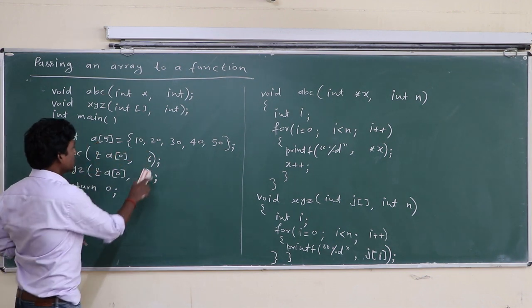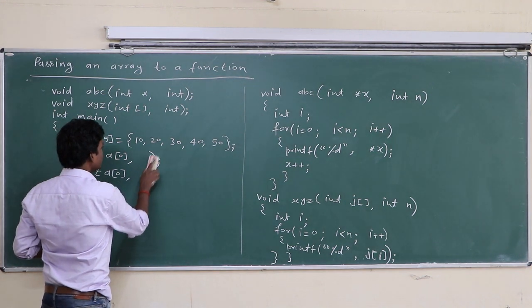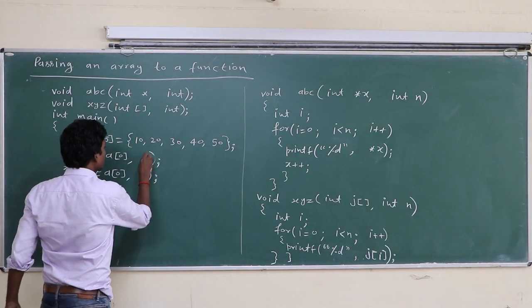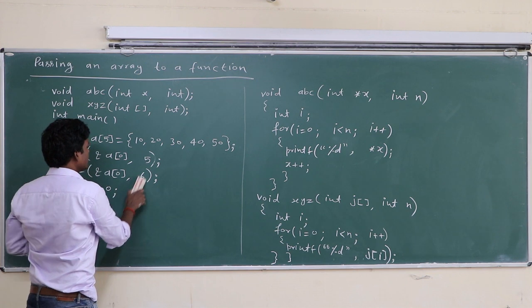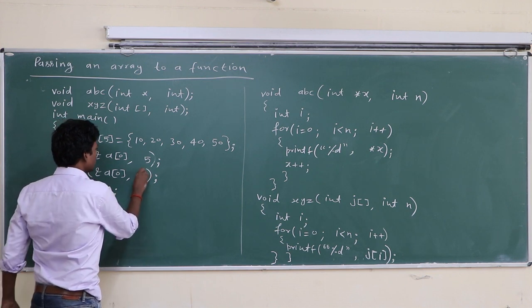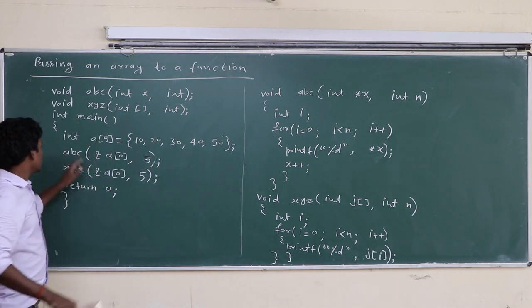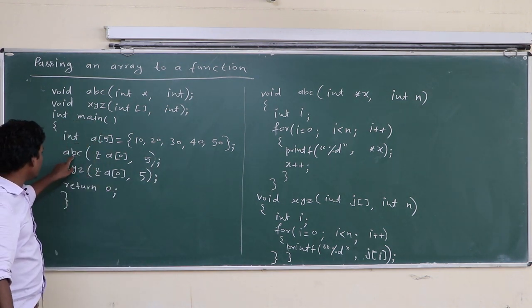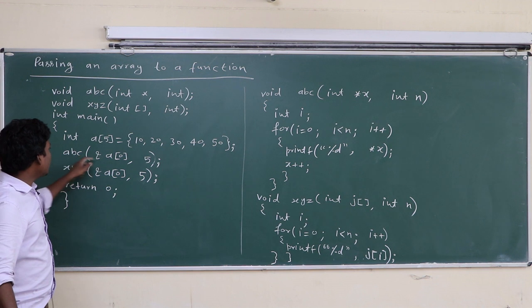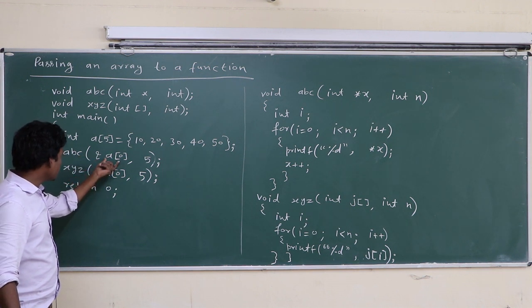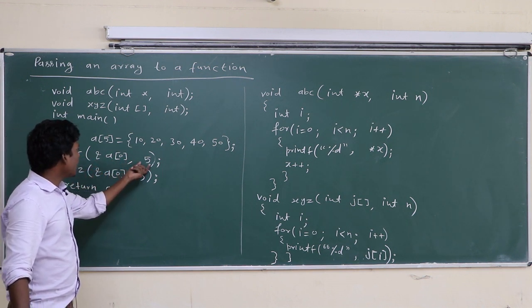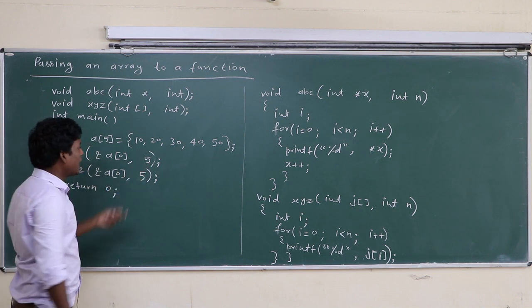Number of elements basically is 5. So ABC function is called by supplying the base address of array and number of elements in that array.